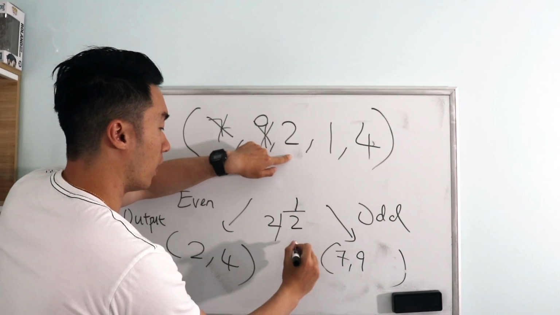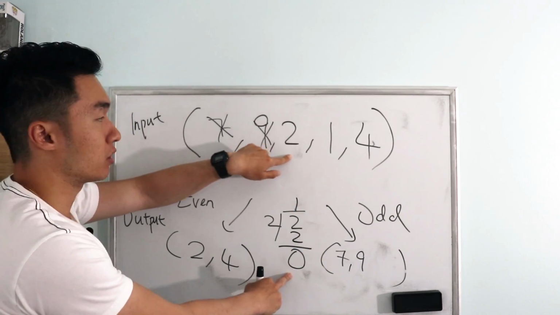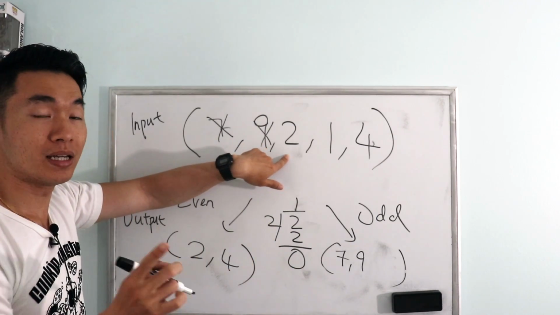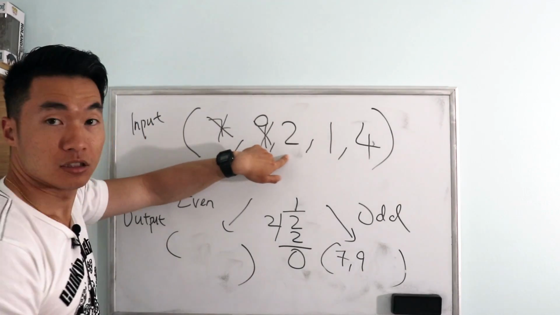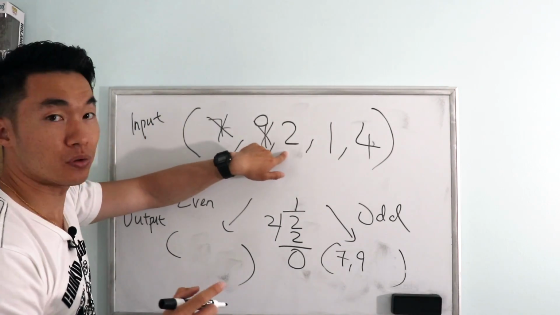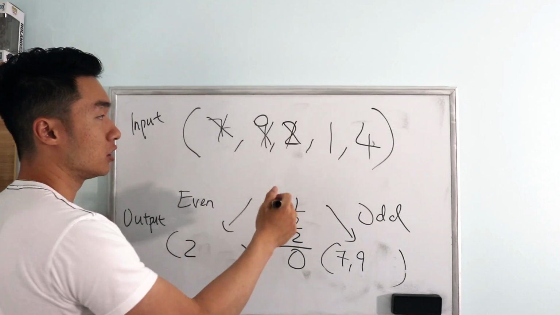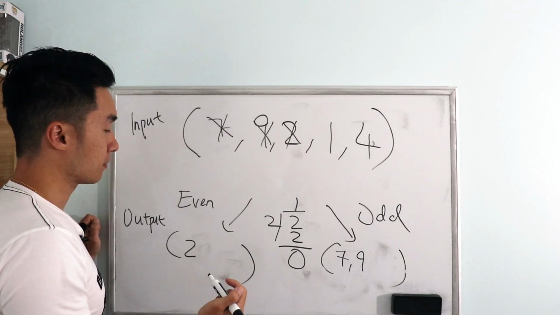So 1, 2, 0. There's no remainder when 2 is divided by 2. That means 2 is an even number. In this case, you would take 2 and put it in the bucket of even numbers. And you cross it out to indicate that you've processed these 3 numbers already.